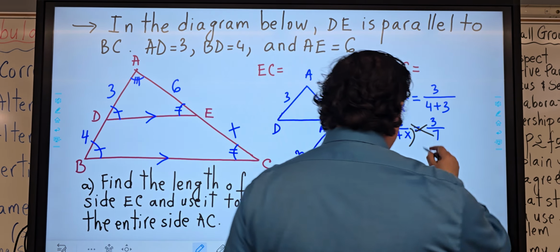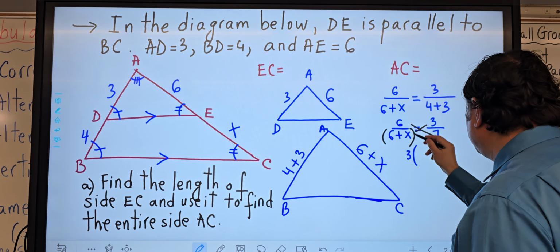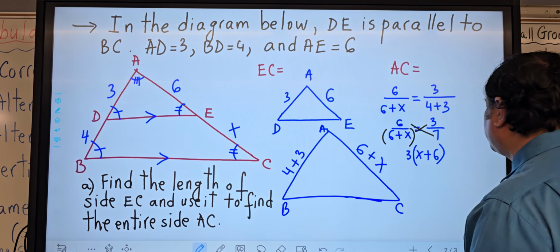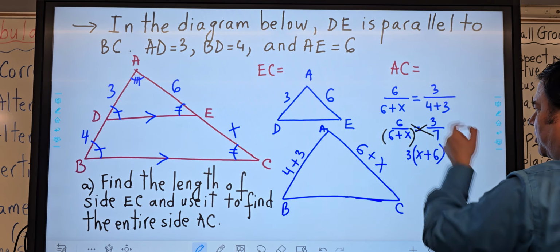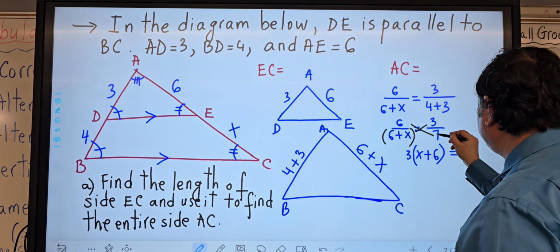So now we have 3 times X plus 6, right? X plus 6 or 6 plus X is the same thing because addition is commutative. Should equal, okay, that's a 7.